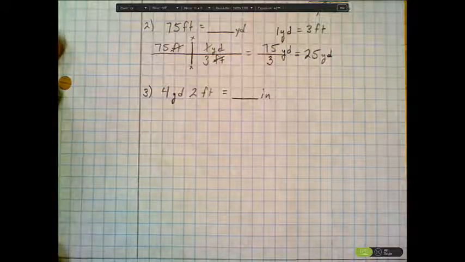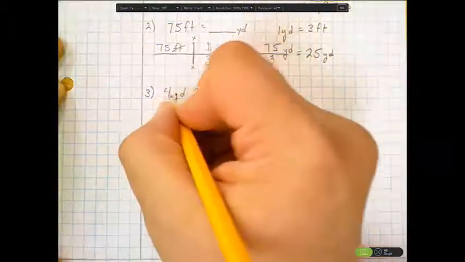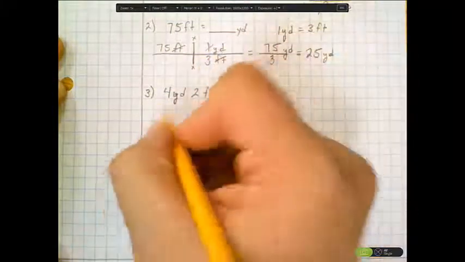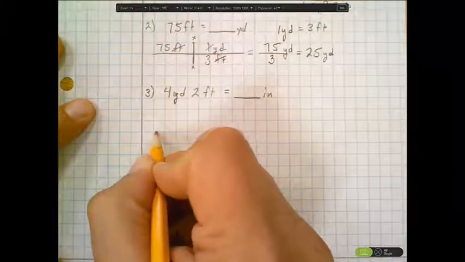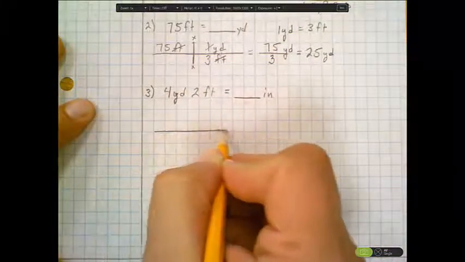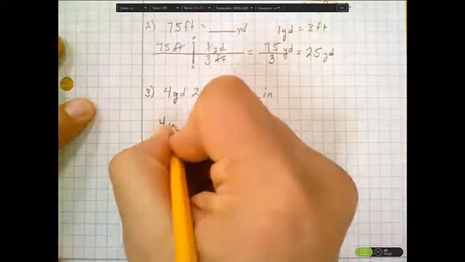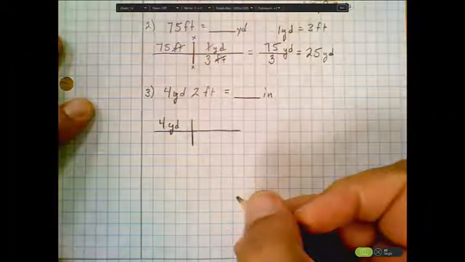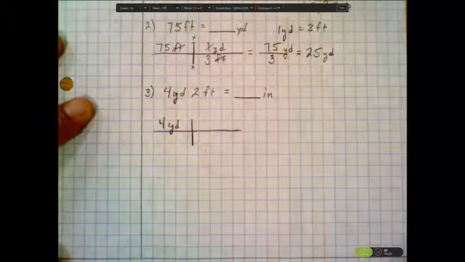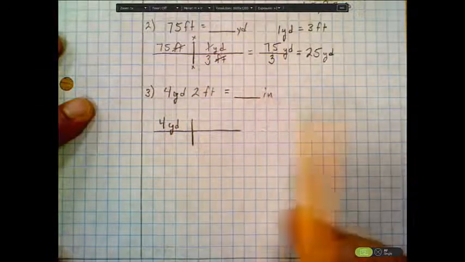Okay, so we're going to do dimensional analysis again. We're going to do the 4 yards first. So again, we're going to draw our fraction line. Write what we start with in the first section. Look for a conversion factor. We want to compare yards and inches.